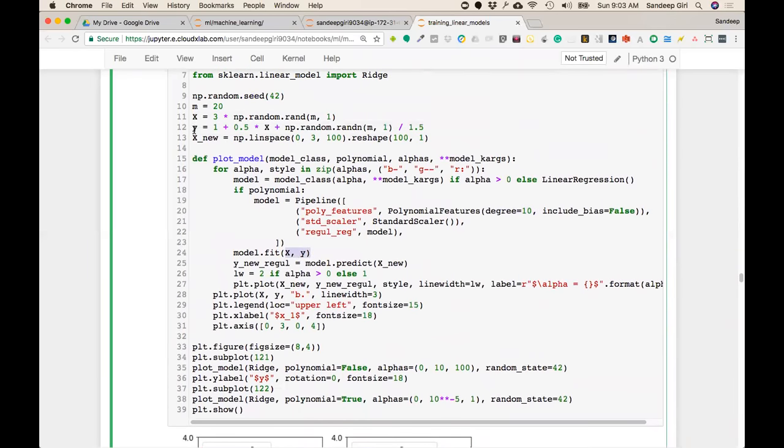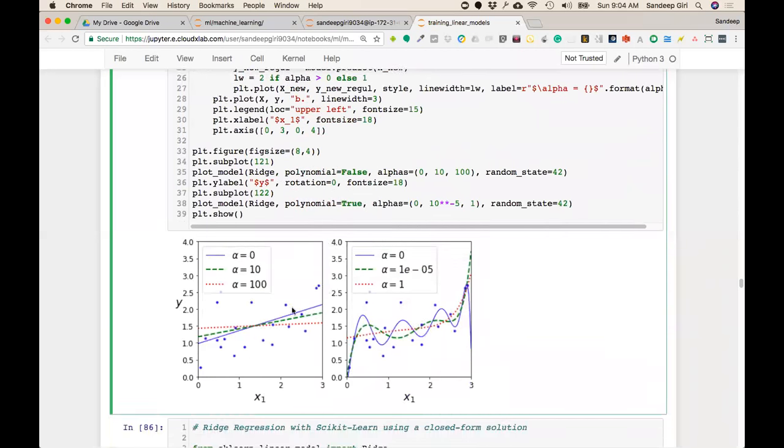Our y is a linear line plus some random noise, and we are trying to fit various models to it. So our data is basically generated using a single line with some noise. When we have alpha at 0 on this side, this is how it looks. It's basically doing curve fitting on the random data.